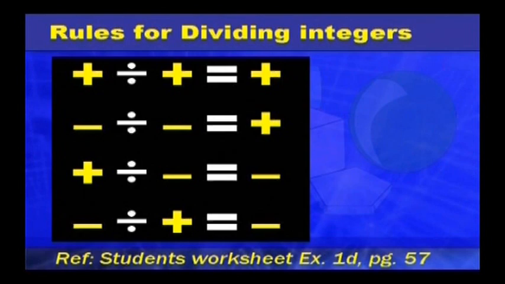Okay, what we have said can be written as in signs, and the rules are positive divided by positive. What is the answer? Positive. Negative divided by negative. Positive. Different signs. We have positive divided by negative. The answer is negative. And negative divided by positive.